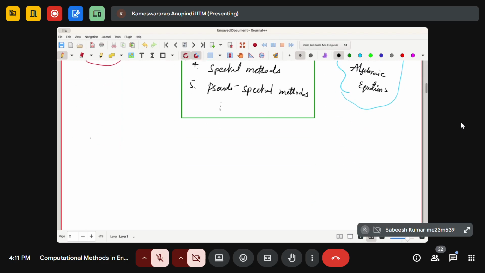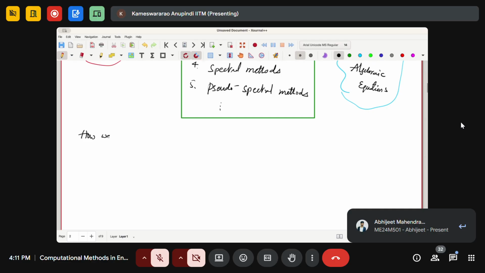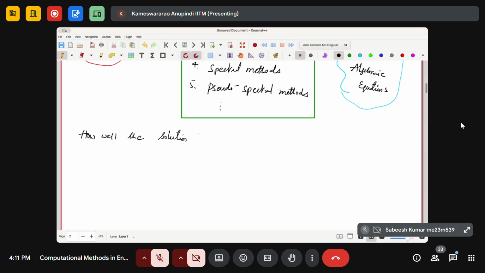Okay, fine. As I said, there are several sources of error. We define several types of errors. The first one is we want to know how well the solution of the algebraic equations approximates the governing partial differential equations.